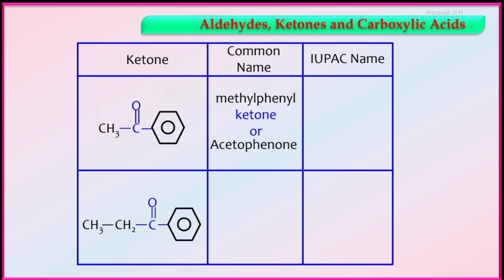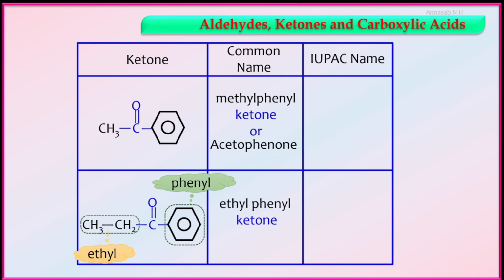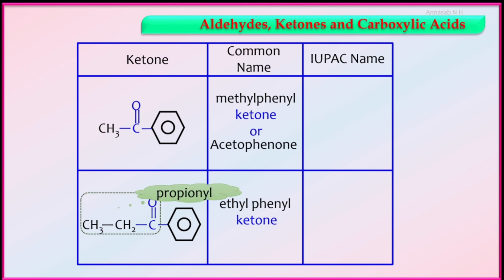Second example, CH3 CH2 on one side of the ketonic group and a phenyl group on the other side. Ethyl phenyl ketone, or CH3 CH2 C double bond O, this group is known as the propionyl group.